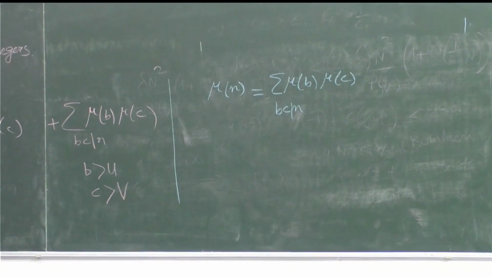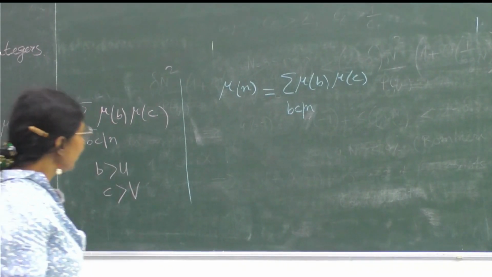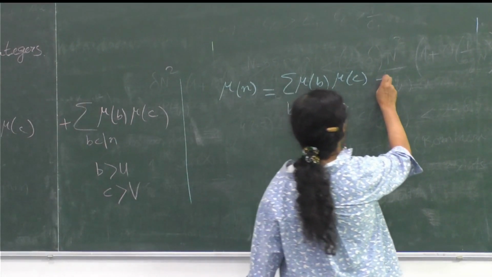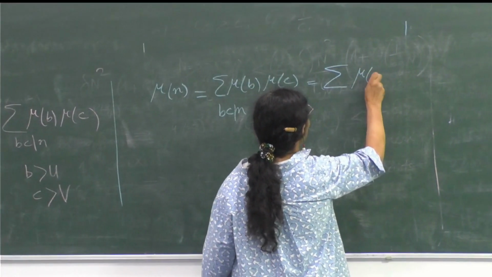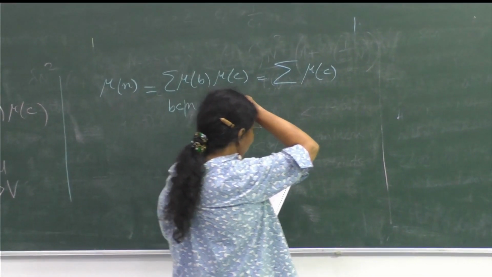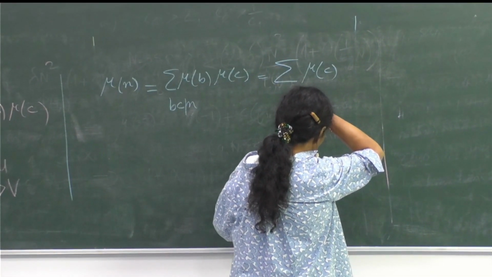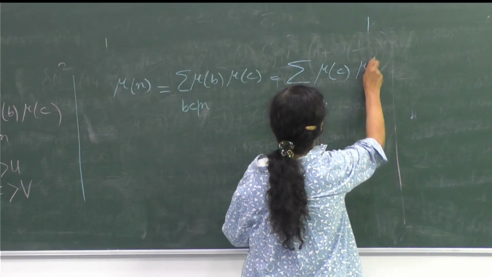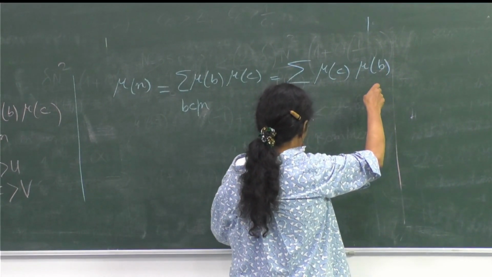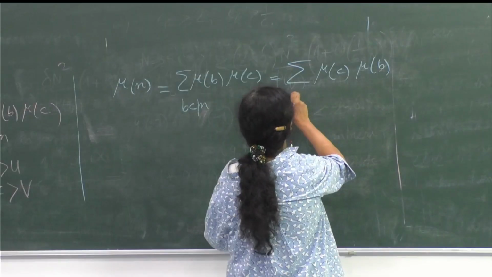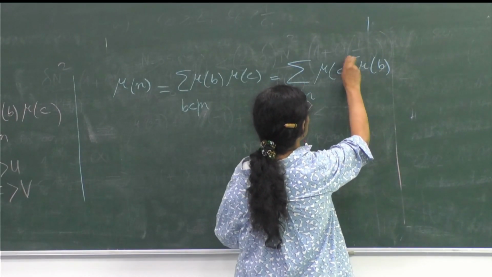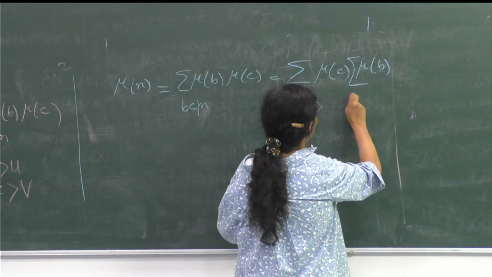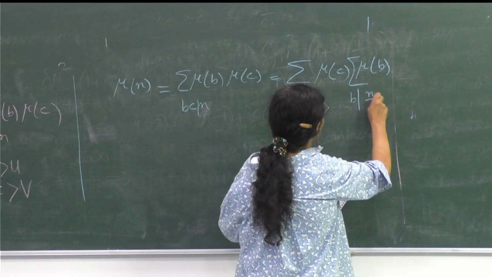Then nobody can stop me from writing it like this, which means I can write this as the sum of mu of C and mu of B, where C divides N and B divides N by C.